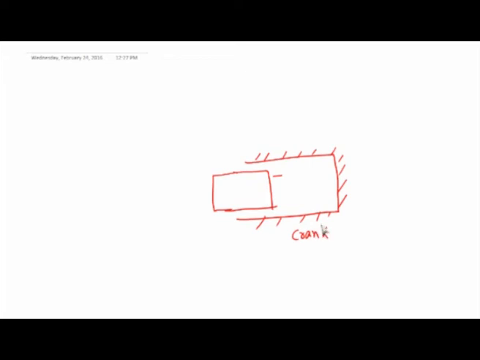If you can see my tablet, this is the cylinder. This is the piston. This is where the gas force is living. This is the frame, this is the crankcase. So now let us look at what is happening.